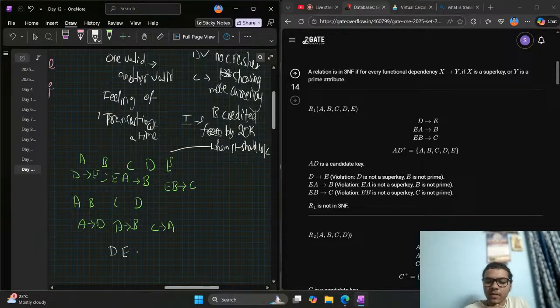D, and what can you get with D? You cannot get anything with D. With A you cannot get anything, with B you cannot get anything.